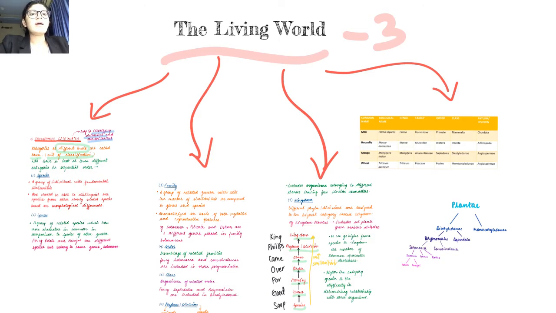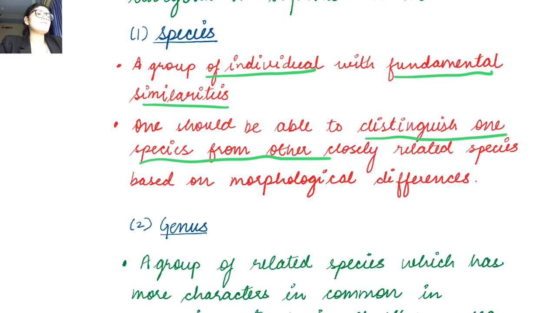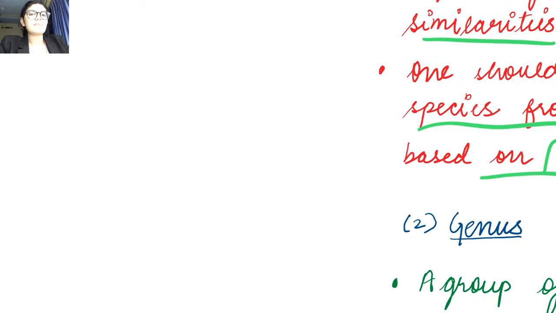Alright, now we'll talk about each one in detail. A species is a group of individuals with fundamental similarities, and you should be able to distinguish one species from another by looking at their morphological differences. Let me give you an example here.